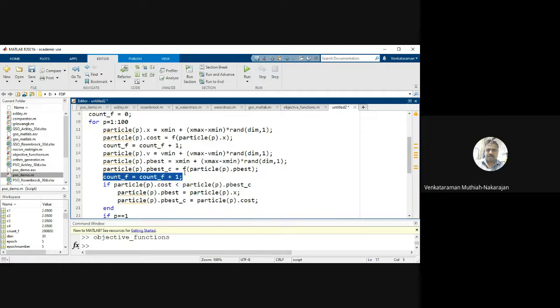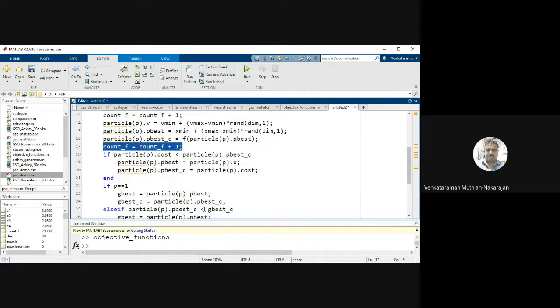Whenever we try to evaluate the complexity of the algorithm, like how much time it will take, it turns out that evaluating the function, or finding the value of the function at a particular point, is the most expensive computational operation.